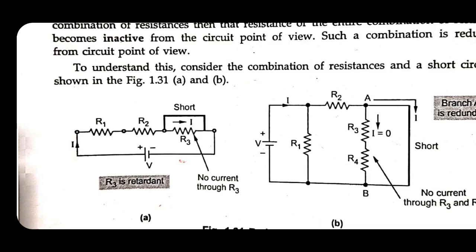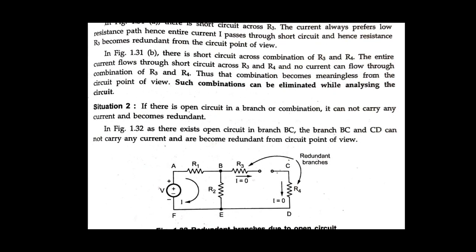So R3 is a redundant branch. Next, there is a short circuit across the combination of R3 and R4. The entire current flows through the short circuit, and no current can flow through the combination of R3 and R4.